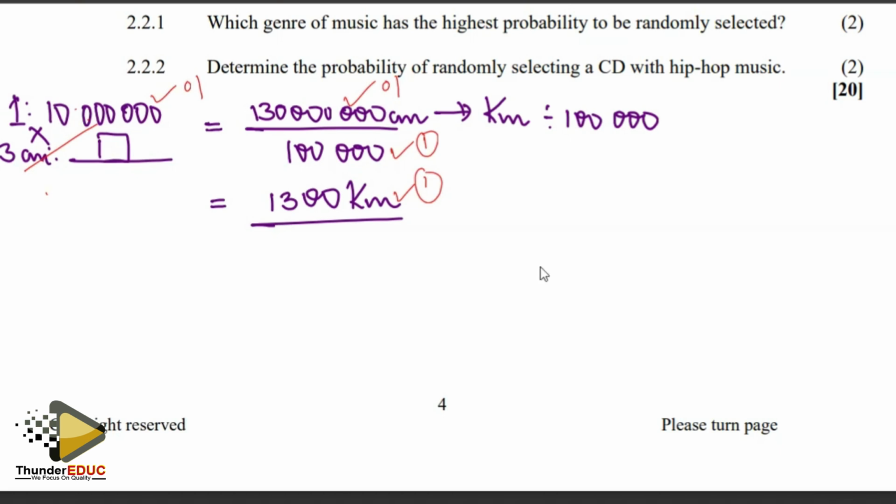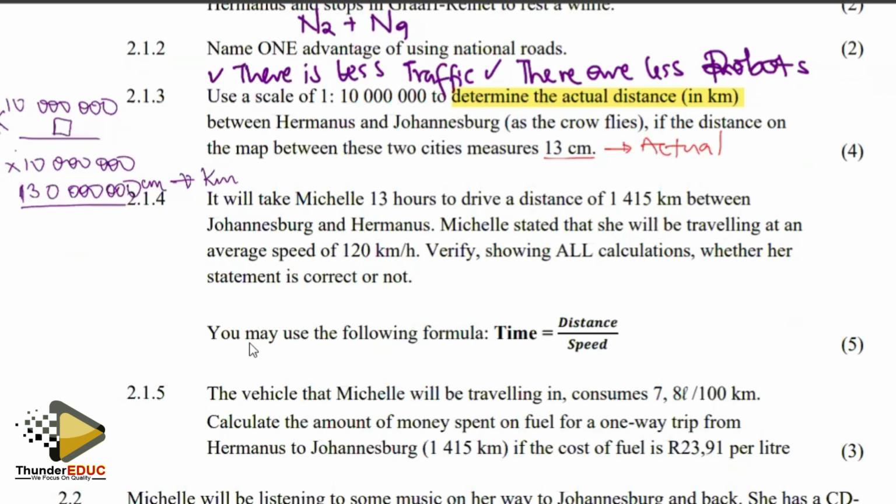This is question number 2.1.3. What we are answering is to determine the actual distance given the scale and the measurement on paper.